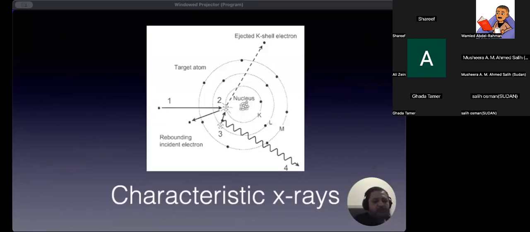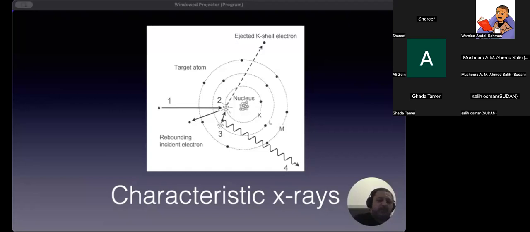Now, when the electrons interact with an atom in a target, they can give an orbital electron energy, and this orbital electron could be knocked out. Here in this example, an electron has collided with a K shell electron, and this K shell electron obtained sufficient energy to escape the atom.